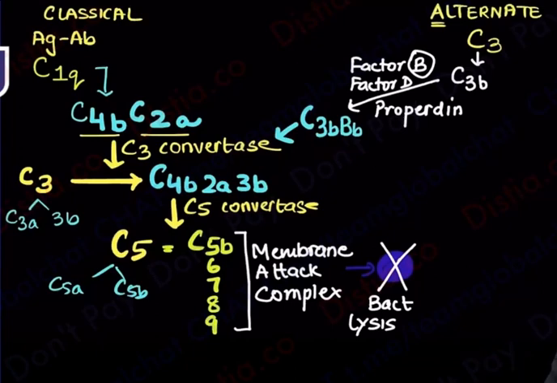If it attacks the C3 once again, it is once again going to form C3B, BB, 3B, and finally after that, that will go and attack your C5. And once C5 is attacked, it's going to be the formation of the membrane attack complex.